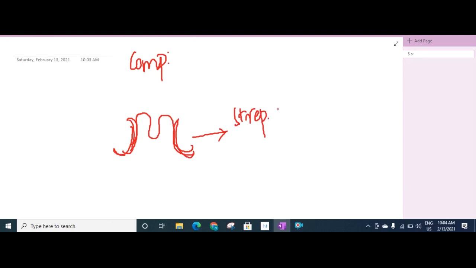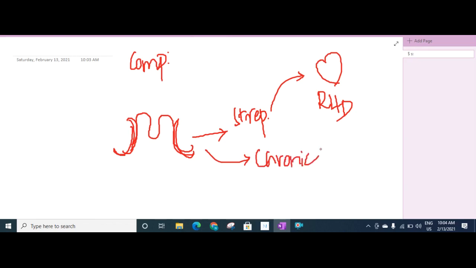If this is due to beta hemolytic streptococcal infection, then it can affect the heart and result in rheumatic heart disease or rheumatic fever. If acute tonsillitis does not resolve, it can progress to chronic tonsillitis. Streptococci can also affect the kidney and result in glomerular nephritis.